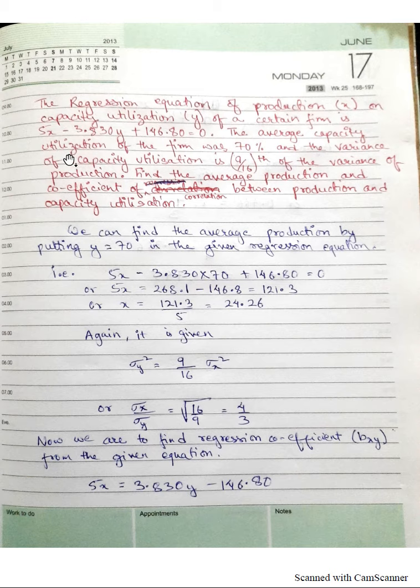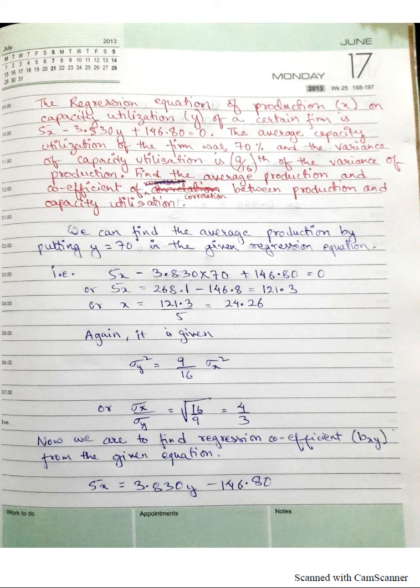The average capacity utilization of the firm was 70% and the variance of capacity utilization is 9/16 of the variance of production. Find the average production and coefficient of correlation between production and capacity utilization.